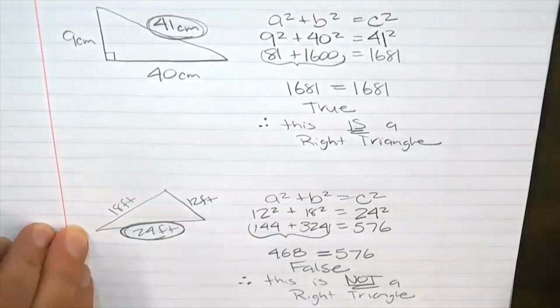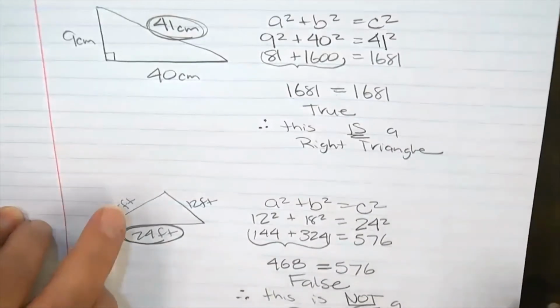Okay, now we're going to use the Pythagorean theorem to determine the distance between 2 points. So we're going to go back to our coordinate graph.